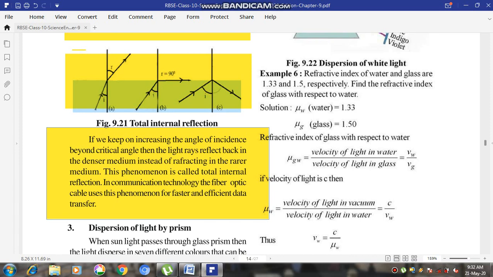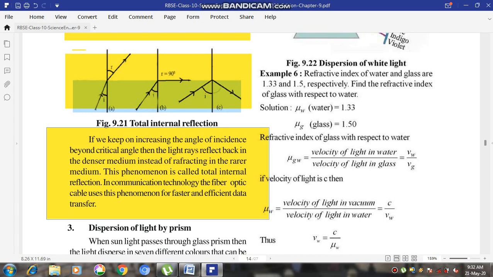So it stays in the denser medium rather than going to the rare medium. The light is reflected back in the diamond, so a diamond shines brightly due to total internal reflection.